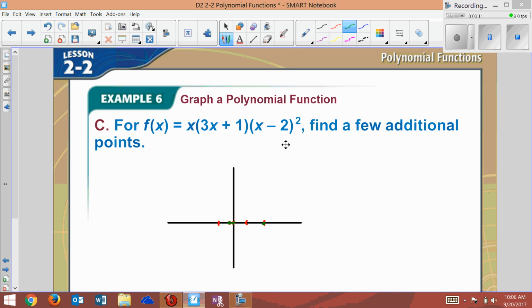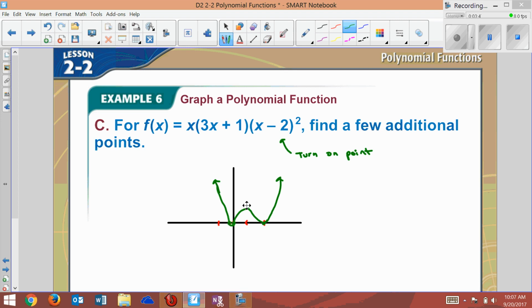Since this is multiplicity 2, it'll turn on that point. I also know it's going to go up this way. So if it turns on this point, I've got to make a parabola here. And I'm just going to assume it's something like that. And then it would come down and back up this way. That would be a rough sketch that you could have just by graphing like that.